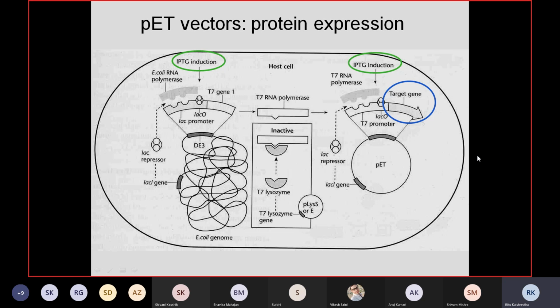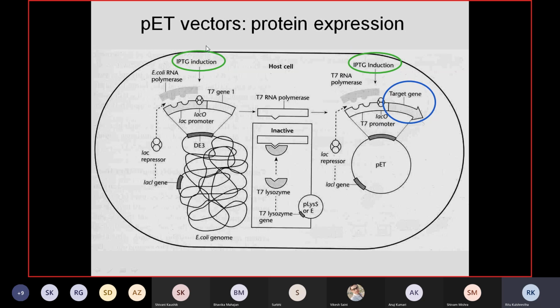To make the expression very specific, highly regulatable in nature, apart from the IPTG induction of the T7 gene, they have also added a LAC operator in the T7 promoter.